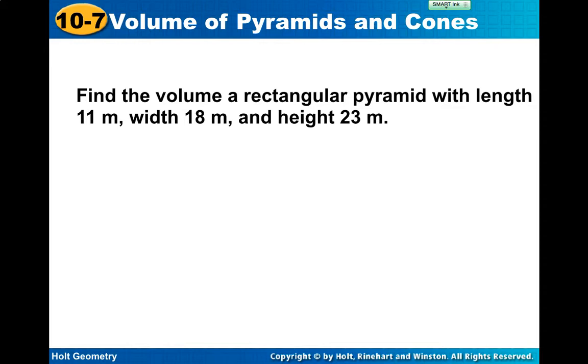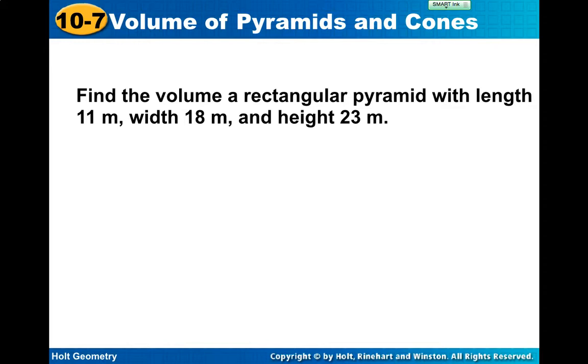How much would it hold? Base area is simply going to be 11 times 18. Multiply by the height of 23.